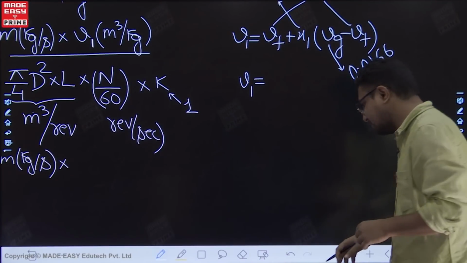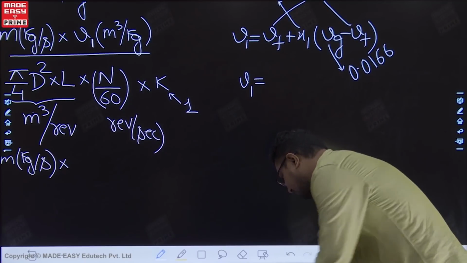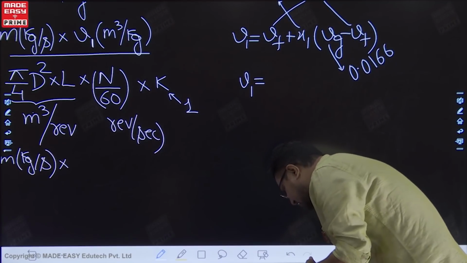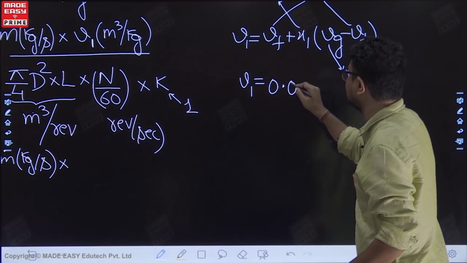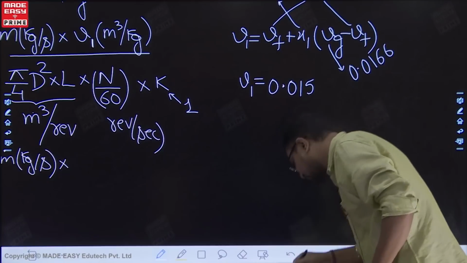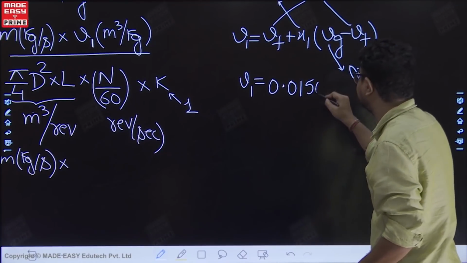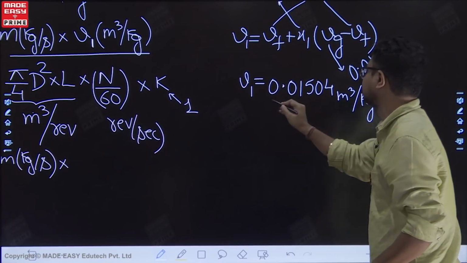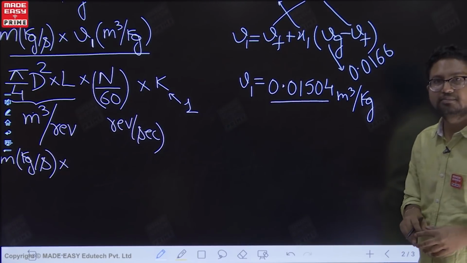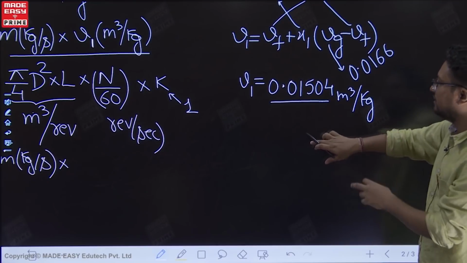The value of V1 comes out to be 0.01504 meter cube per kg. Right? So we know this value of V1.